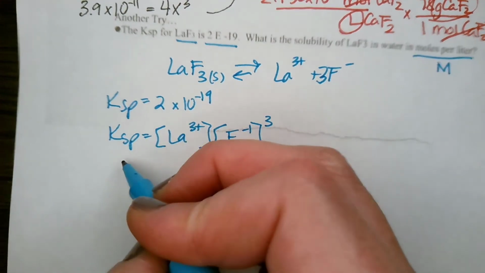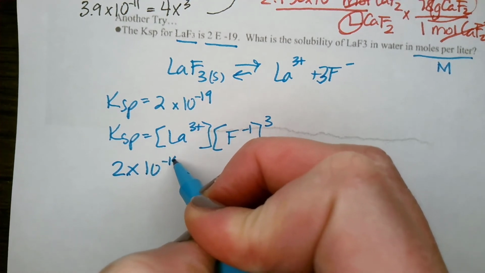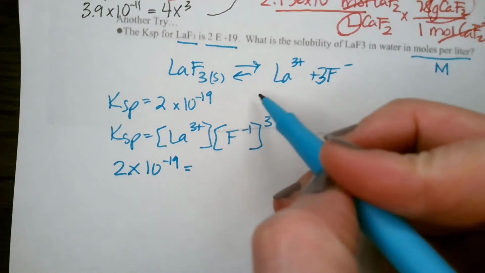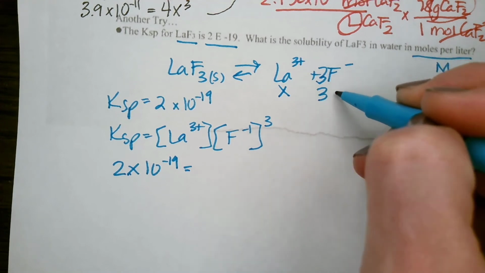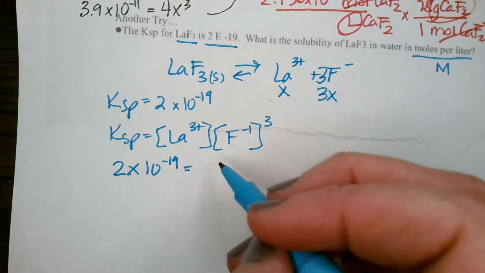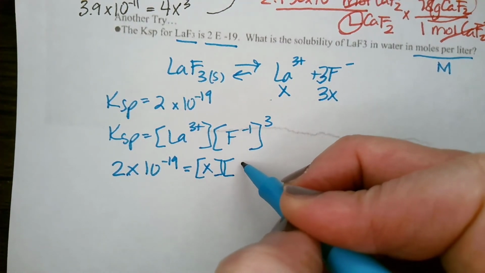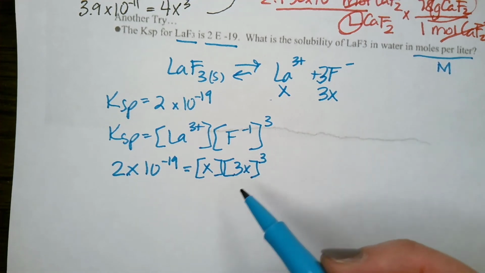So now we just need to plug in: 2 times 10 to the negative 19 is equal to, and we don't know La and we don't know F, but we can say that La is equal to x. F is going to be triple the amount of our La, so we can say x times 3x cubed. We can't forget that cube.